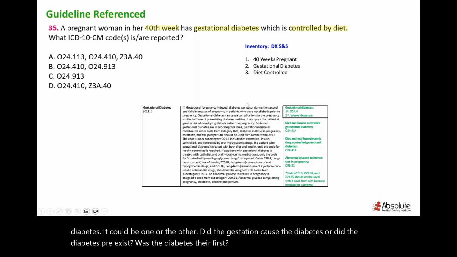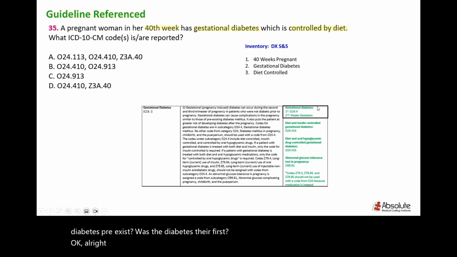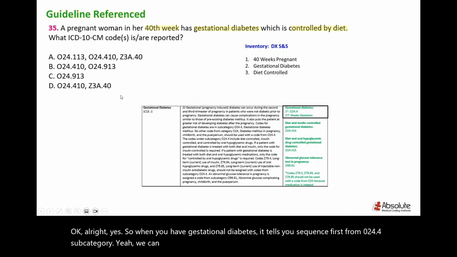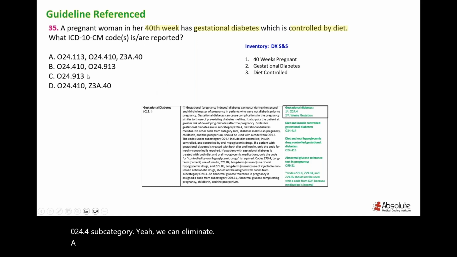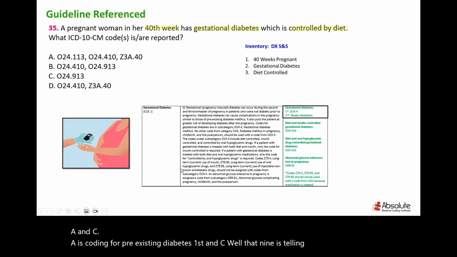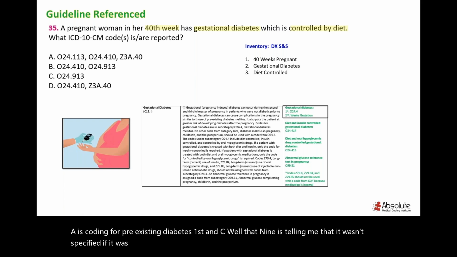Yes. So when you have gestational diabetes, it tells you to sequence first from the O24.4 subcategory. We can eliminate A and C. A is coding for pre-existing diabetes first, and in C, that 9 is telling me that it wasn't specified if it was pre-existing or gestational.